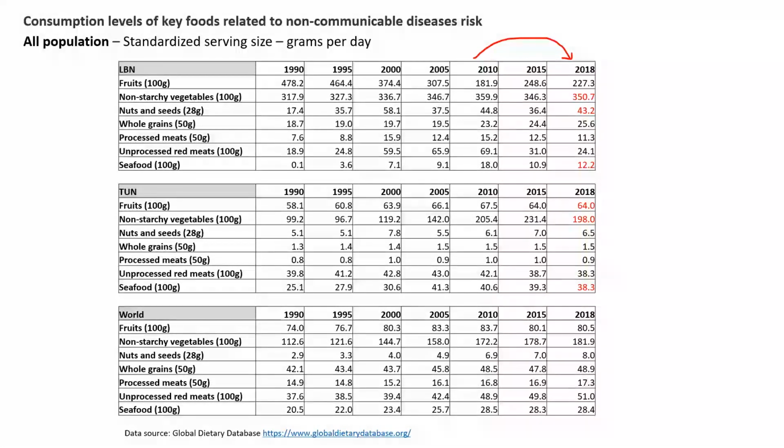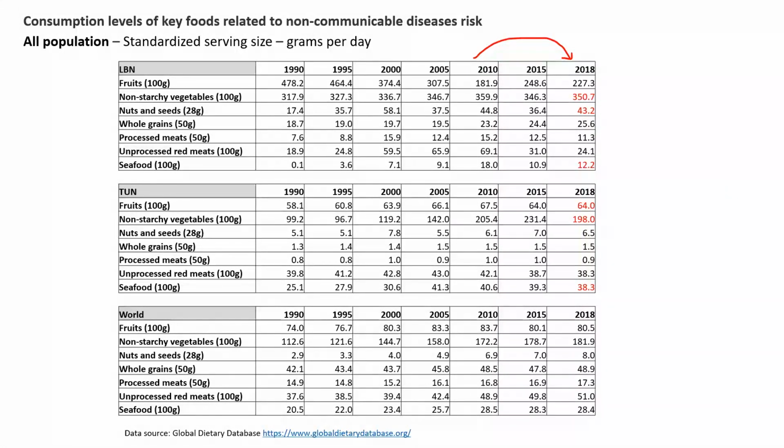And in red are the problematic trends, which means that, for instance, if you decrease fruits consumption, nuts and seeds, whole grains, it is bad. If you increase processed meats or unprocessed red meats, this is bad. And seafood, if you increase the consumption, is good. If you decrease it, it is bad. And basically, we can see trends in Lebanon and Tunisia that were in the red.